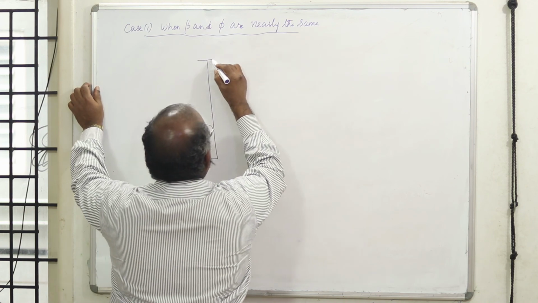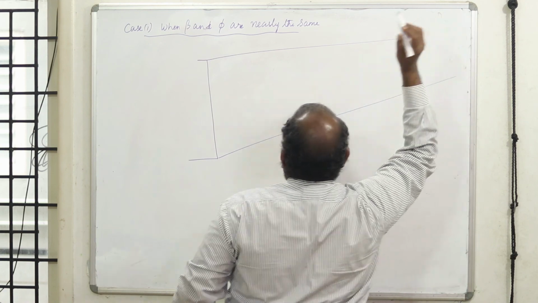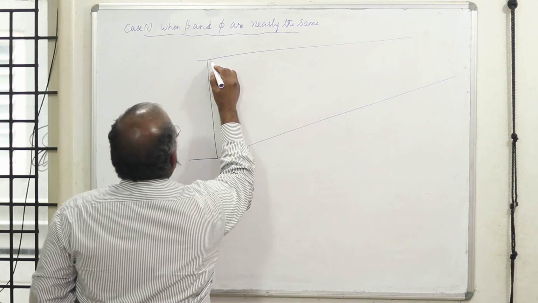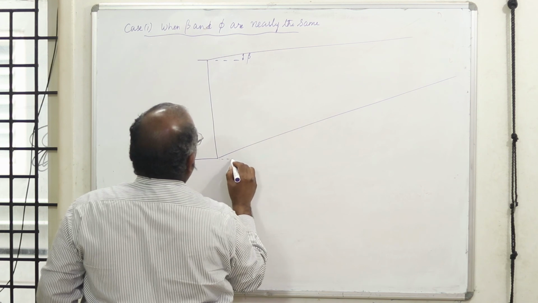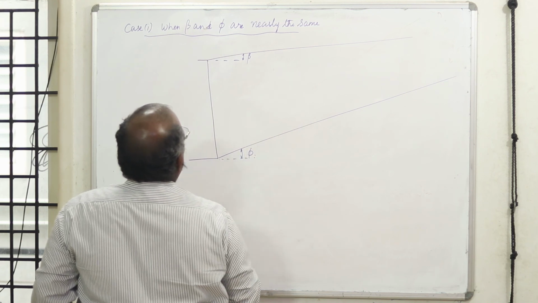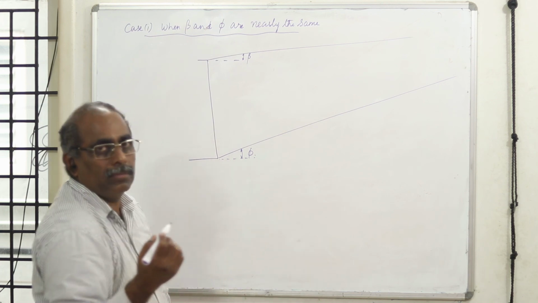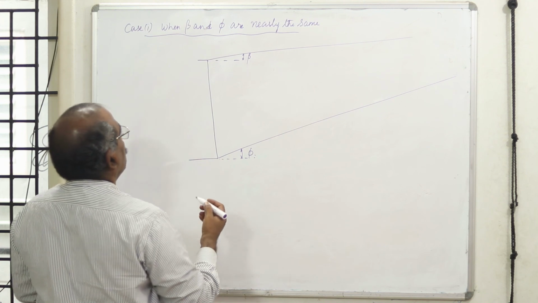Therefore, what happens? It is like this, it may meet somewhere at infinity. This is beta. This is phi. Let us say beta is say 20 degrees and phi is say 25 degrees.